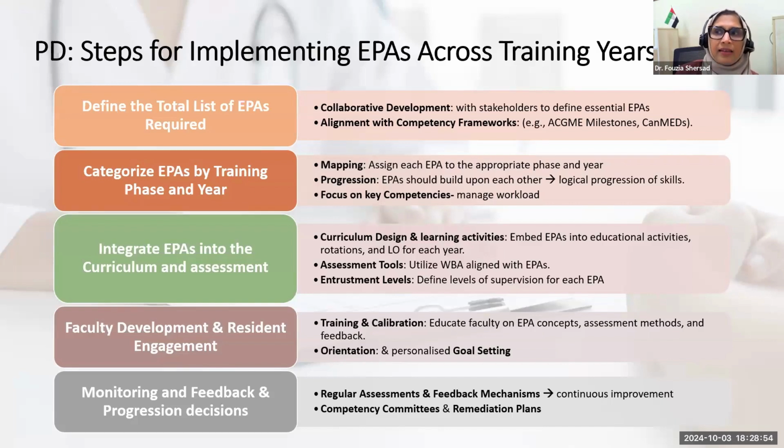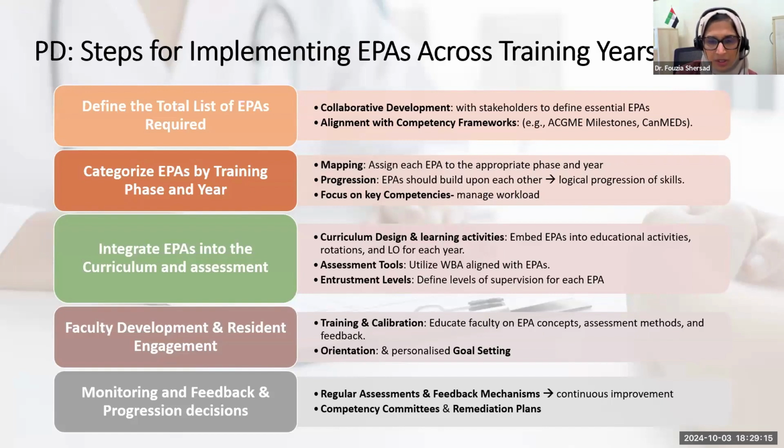If you look at the EPA forms which are already on the website, I hope all of you know that the EPAs which are approved are there on the website. If you go to the website, you will find the details of all EPAs along with the tasks or the milestones included under each EPA.